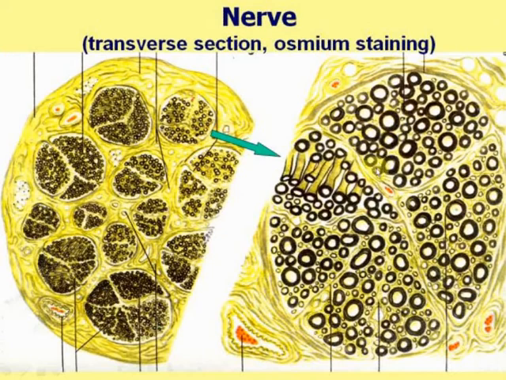You can see also unmyelinated nerve fibers, much smaller and lighter rings or light spots. Endoneurium, perineurium, and epineurium are not stained by osmium.